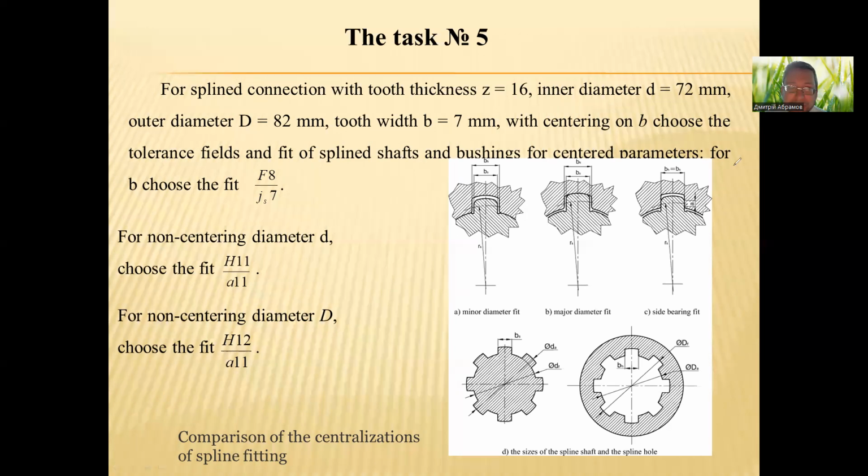So the centering parameter is B. Choose the fits F8, JS7. It's the tolerance field for the hole, for the bushing, and the tolerance field for the shaft.